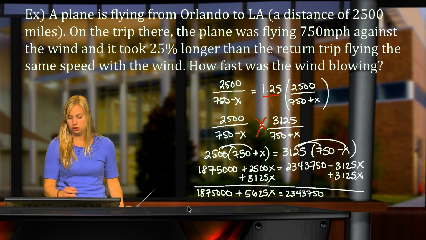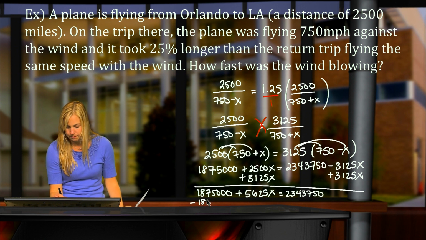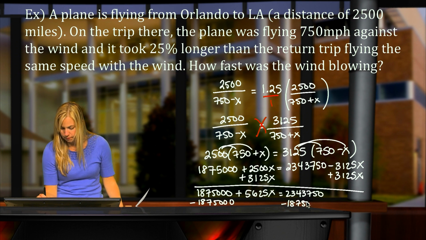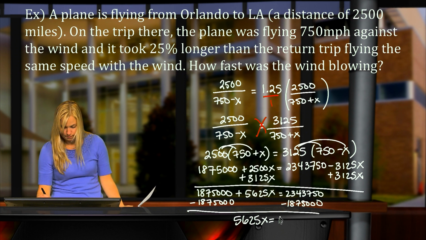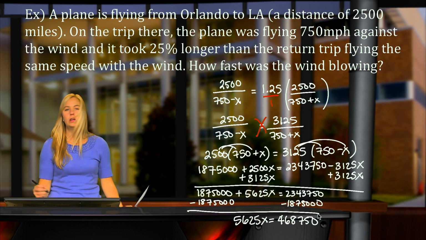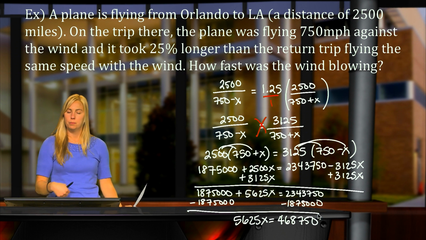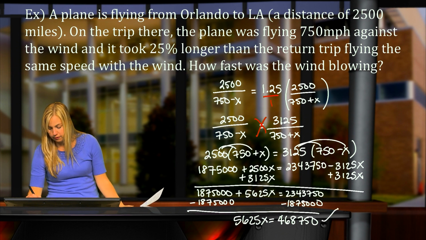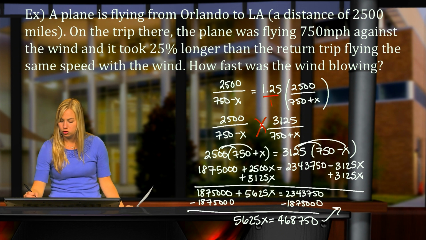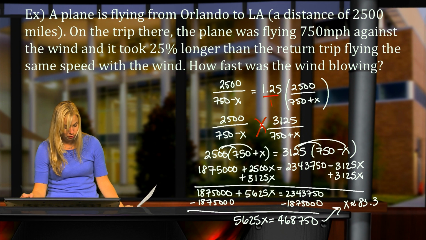Subtracting this 1,875,000. Hopefully you guys are using a calculator to simplify these arithmetic problems. And when we divide both sides by that 5,625, we should get x is approximately equal to 83.3.